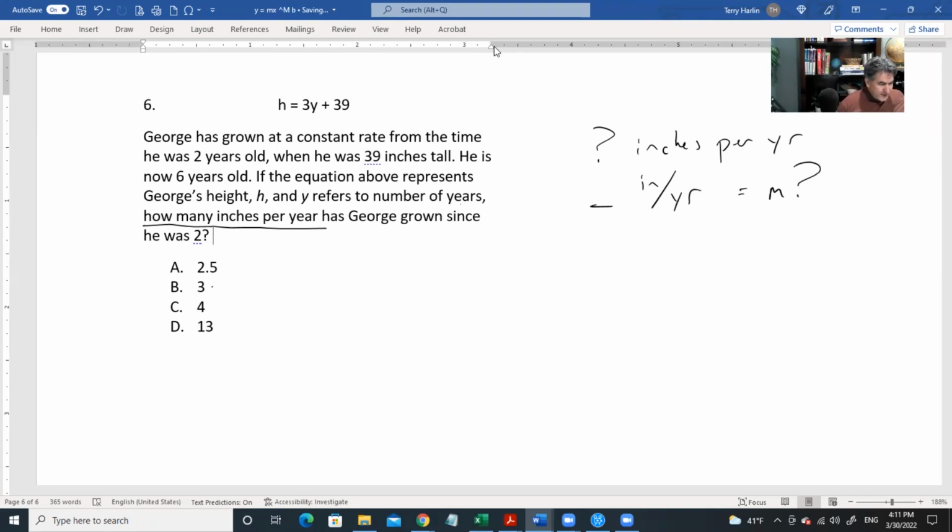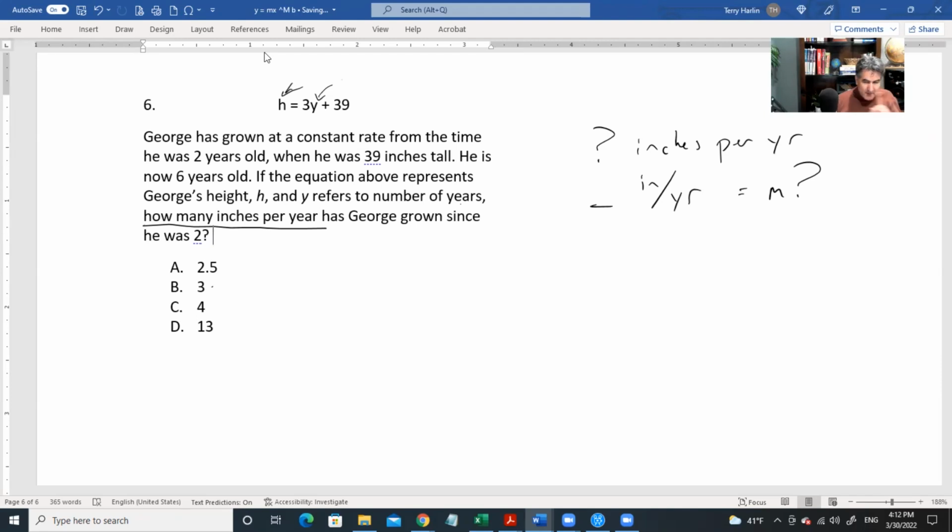Now, if we go up to the top, we see there's an equation here. We really want to know exactly what these other things mean before we answer. So let's back it up to the beginning of the question, where it says, if the equation above represents George's height, okay, that's height, and y represents the number of years.